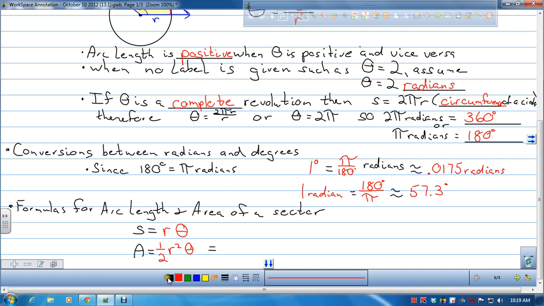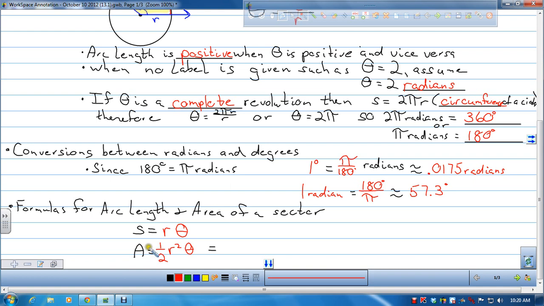Okay? And you'll note that this area has the same components of the arc length. So if the arc length was r times theta, we've got an r and a theta here, and then we just simply have another r and a 1/2.